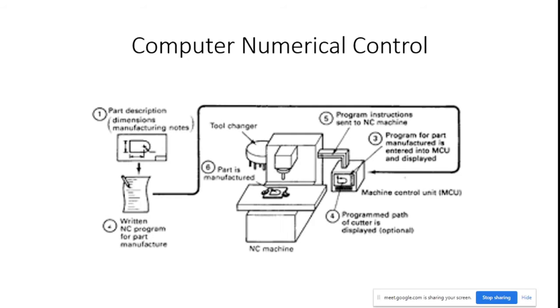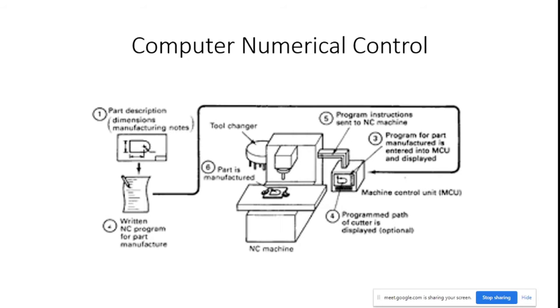After the programming session is completed, the program path of the cutter is displayed on the display unit available with the computer numerical control machine. After that, the program is developed with the machine control unit, and through the punch tape system it is transferred to the NC machine.